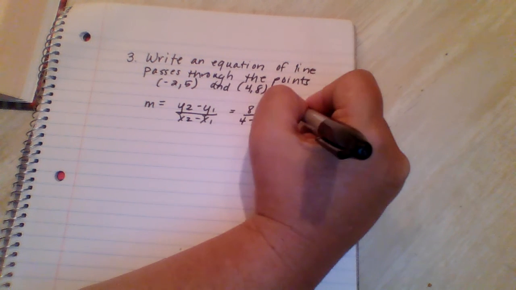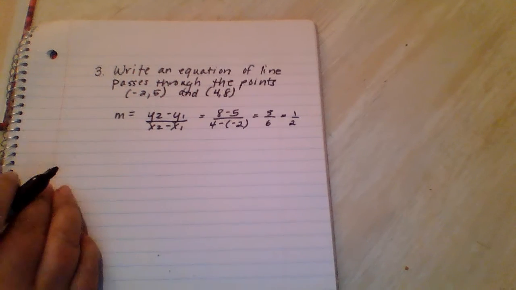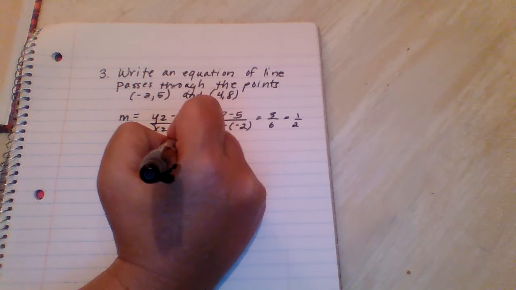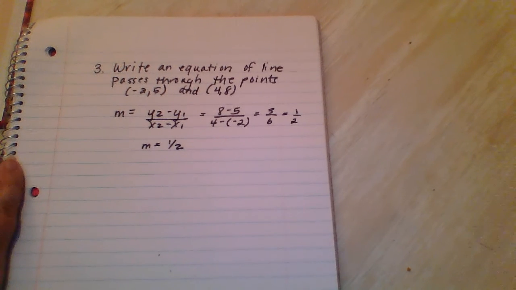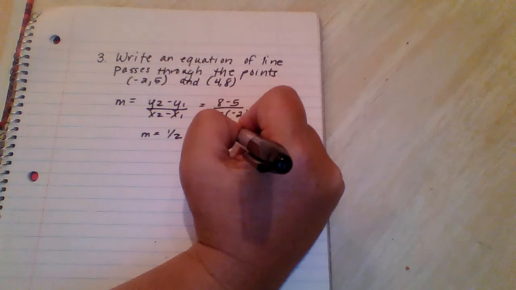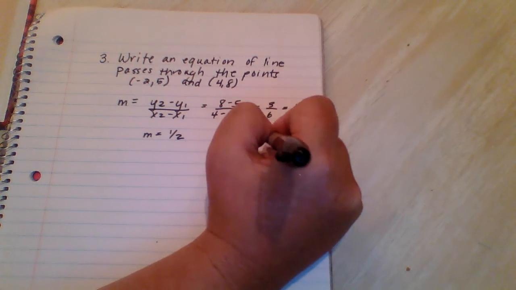And that's going to give us 3/6, which is the same thing as 1/2. Okay? So now we know that our slope is 1/2. So we can substitute in our slope, and that's going to give us y equals 1/2 x plus b.